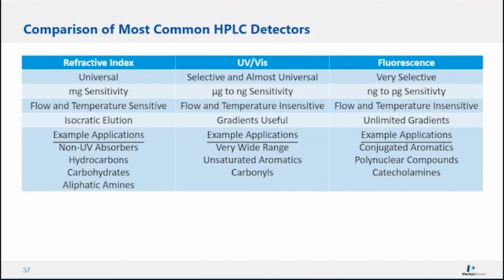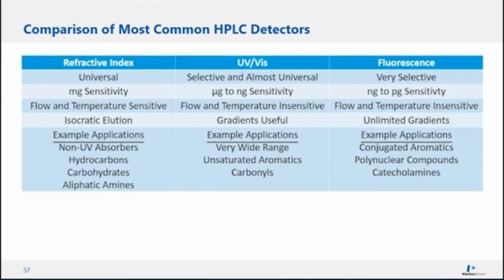It is extremely flow and temperature sensitive, and we are limited to only using isocratic methods for our sample analysis. The most common samples are non-UV absorbing samples, such as hydrocarbons, carbohydrates, and aliphatic amines.